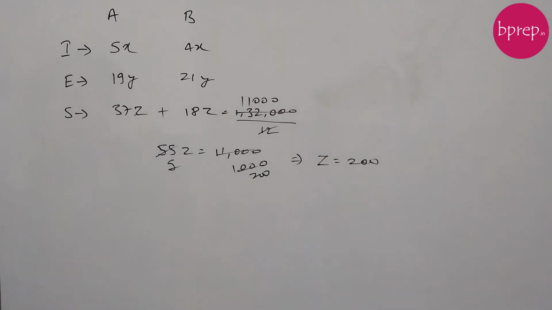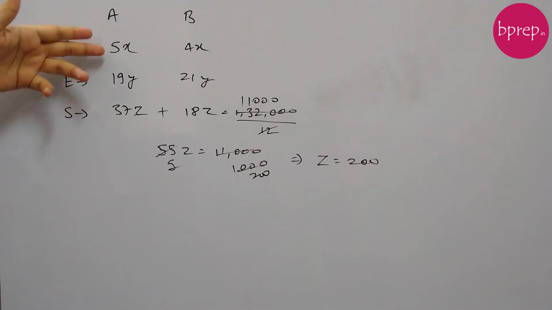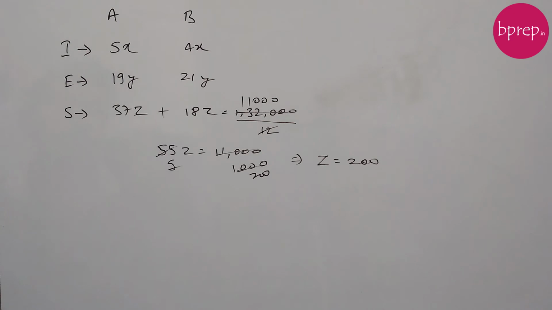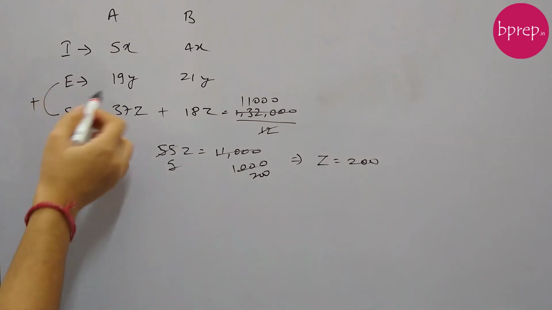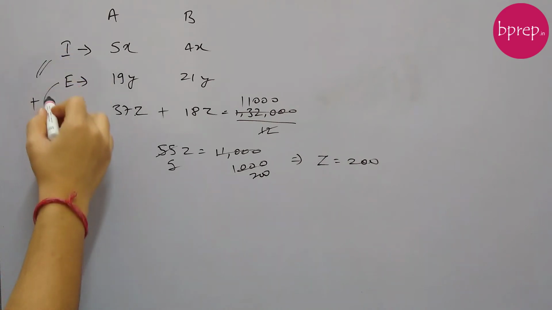Now we have got the value of z, and we have two more variables x and y, and that is the information given in the question. So what step should we do next? If you see, the three components that we have are income, expense and savings. If we add expenses and savings, this should equal income.